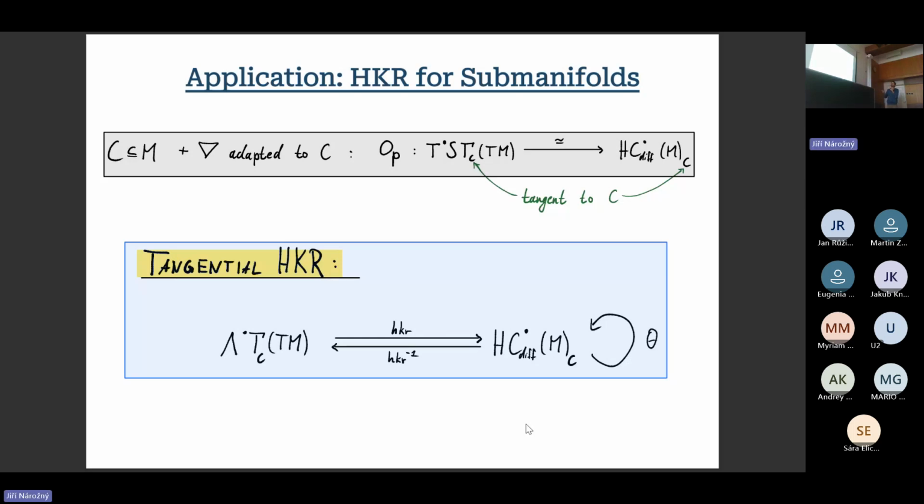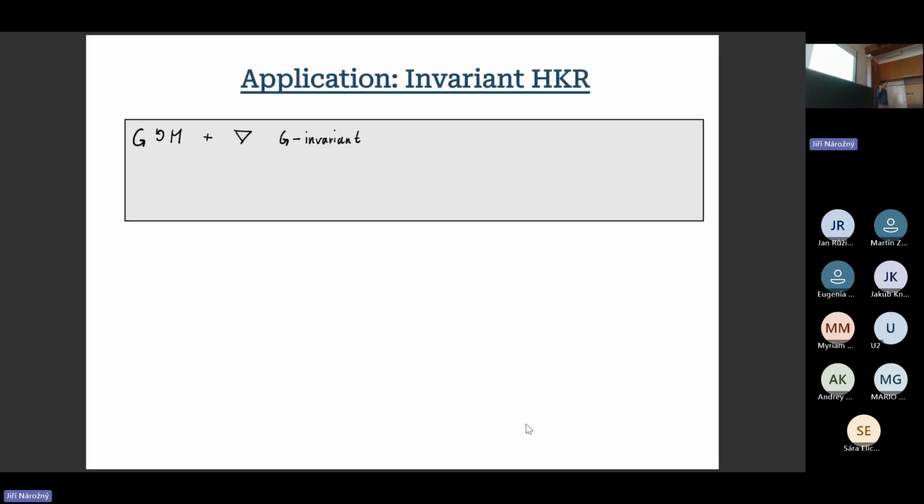Okay, so here we essentially needed to do nothing new. We just had to make sure that we have a symbol calculus and then we apply our Fernes double complex gymnastics and it works again. Okay, a little bit more interesting, I teased this a little bit before. So, for example, if we say we have a Lie group acting in a smooth way on our smooth manifold. And this time, let's say we have a covariant derivative which is invariant under this Lie group action.